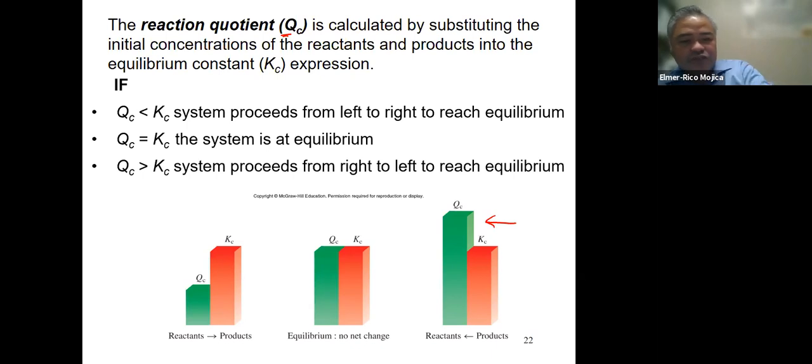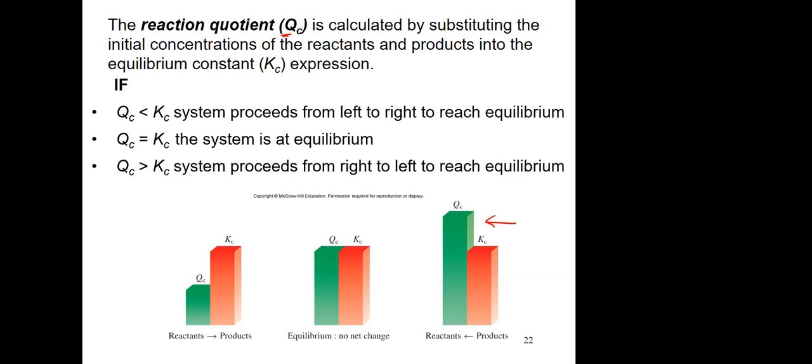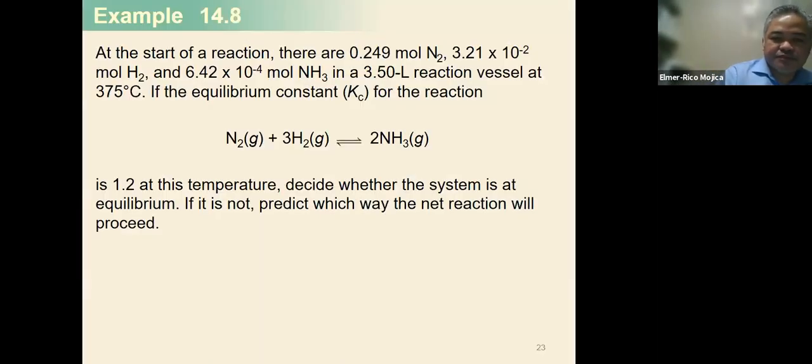Now, usually we use this reaction quotient based on the initial concentration. Okay. So for instance, this one. At the start of the reaction, there are 0.249 moles of N2, 3.21 times 10 to the negative 2 moles of H2, and 6.42 times 10 to the negative 4 moles of NH3 in a 3.5 liter reaction vessel at 375 degrees Celsius.